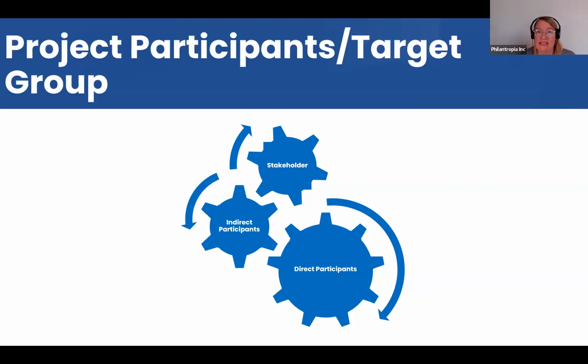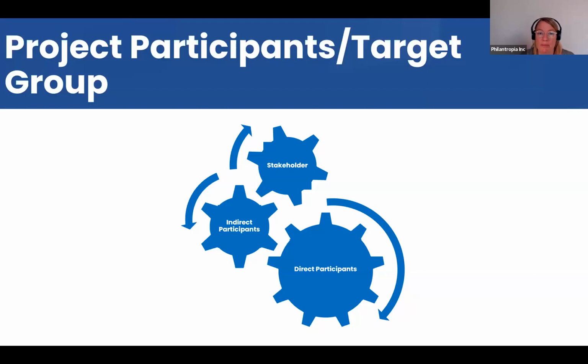So it is great if you know all the stakeholders, and sometimes you can also list them off and explain how you're going to work with them, especially if you're expecting a problem in the future with those groups. But they are usually not something that you have to cover in a proposal.